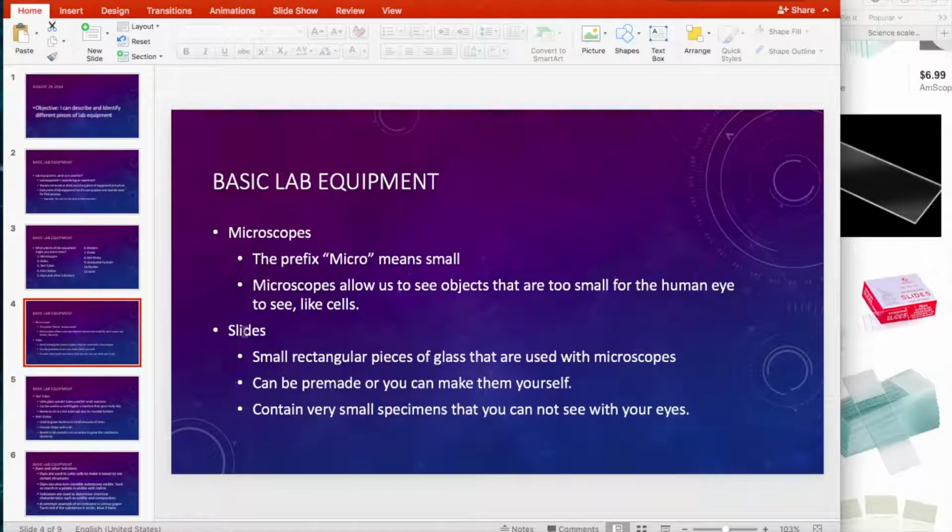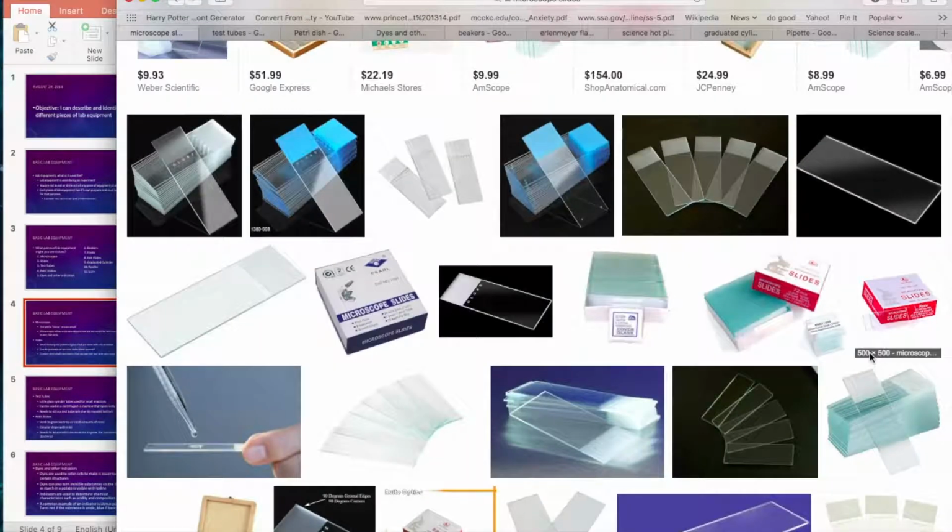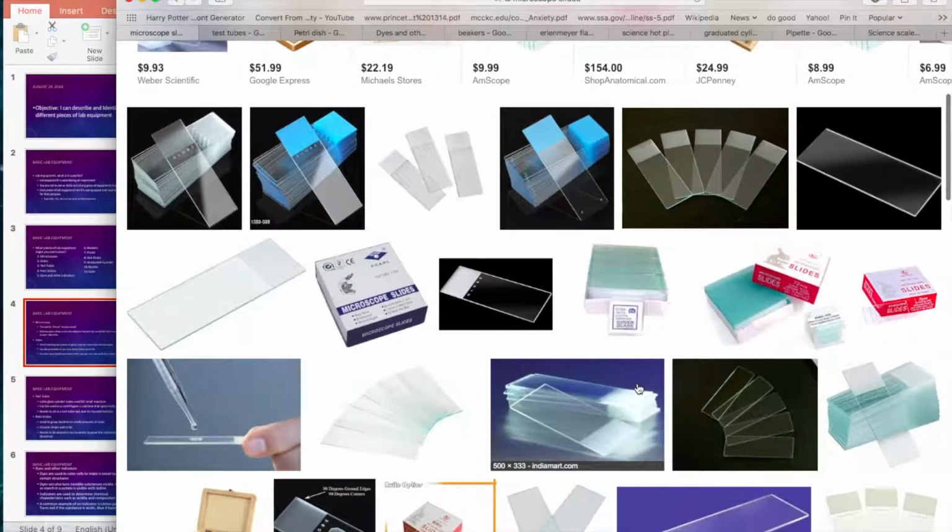Close that out for our next picture. Slides, or microscope slides, if you would like to be a little bit more specific, are small rectangular pieces of glass that are used with microscopes. They can be pre-made or we can make them ourselves. And they contain very small specimens that you cannot see with your eyes. So if we look over here, here are some examples of slides that you would use to make your own.